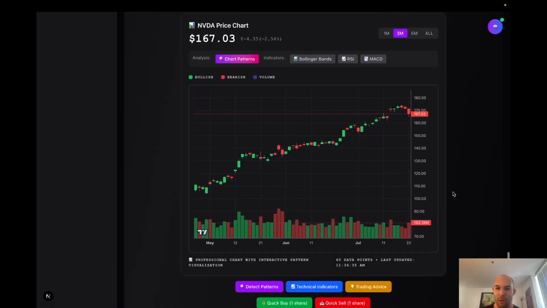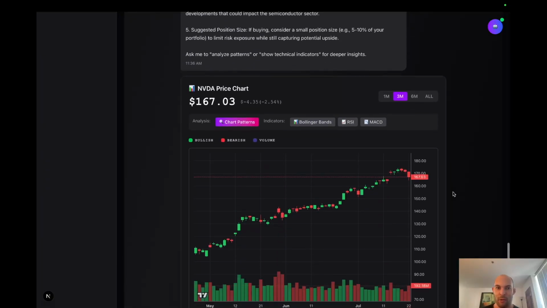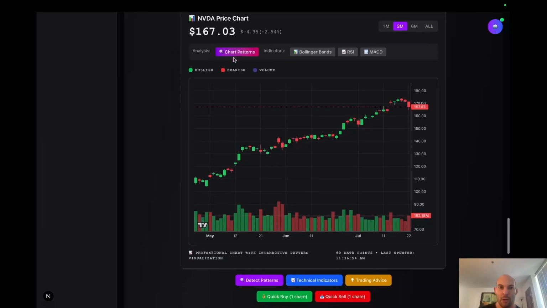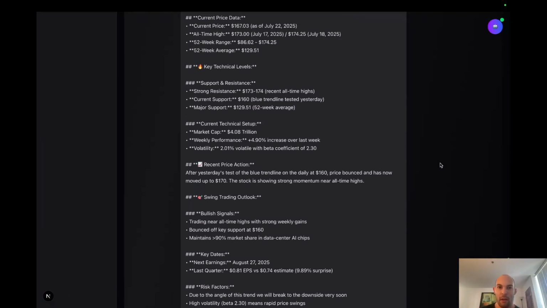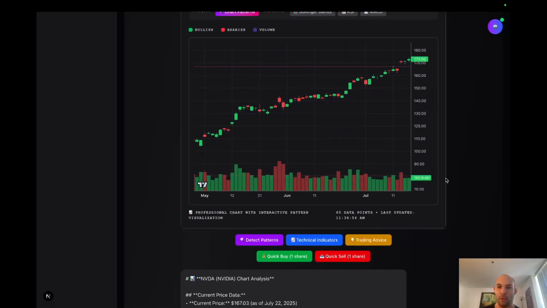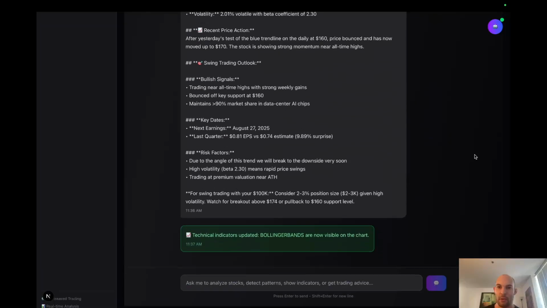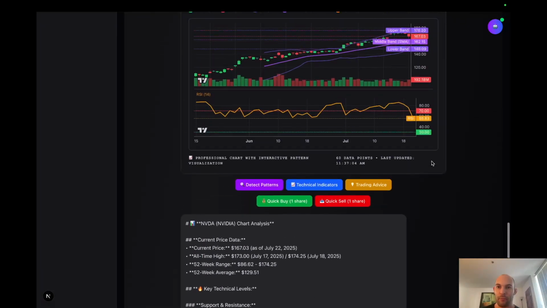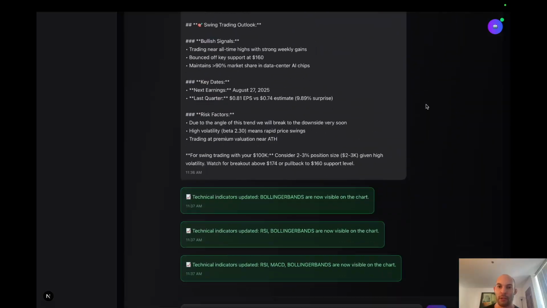So I basically combined ChatGPT with TradingView and the ability to do internal chart patterns on top of that. And then also it does analysis. You can also do an overlay of some indicators. Sorry, it's a little broken right now. This is what I want to fix today, actually.